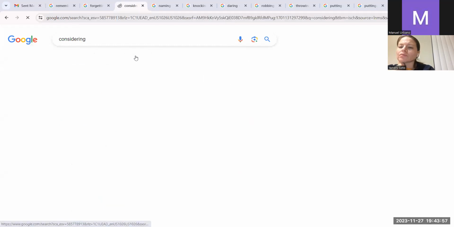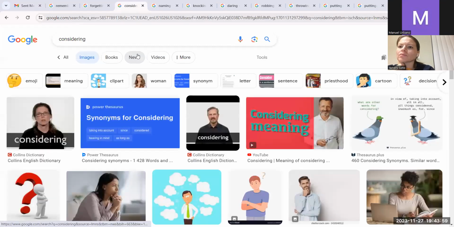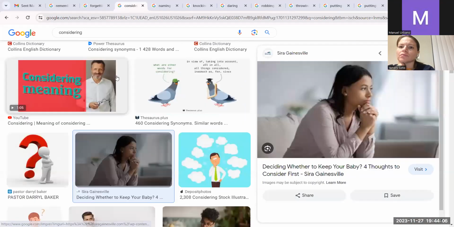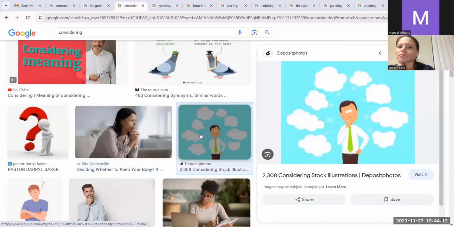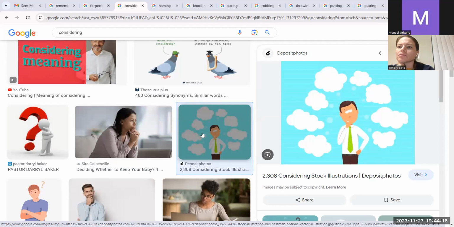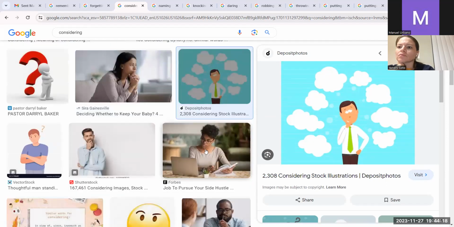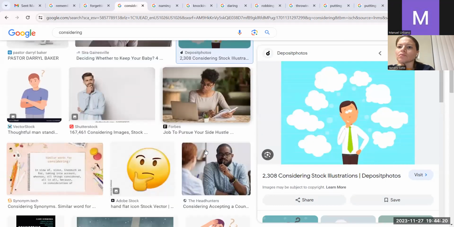So those are all the things that are with considering. So it's very similar to Spanish. Right? So for example, she's considering going to college or not. He's considering quitting his job or getting another job or staying in his job.